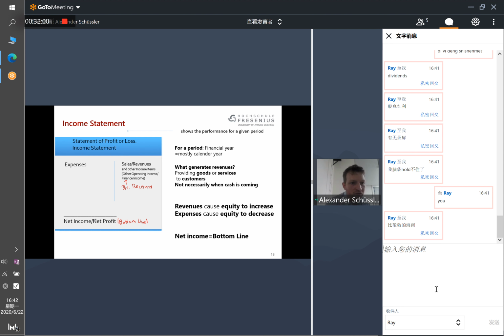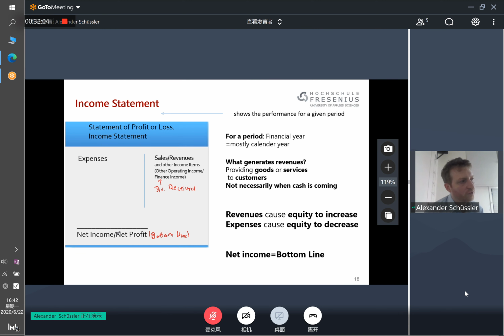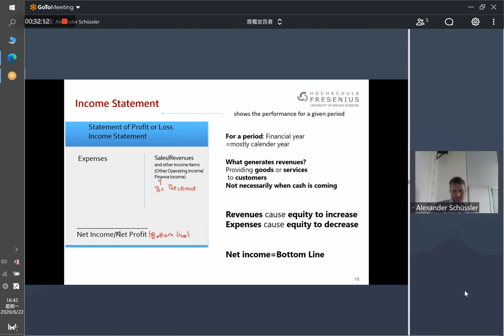That's why, when you look at an income statement, you read "for the period ended".